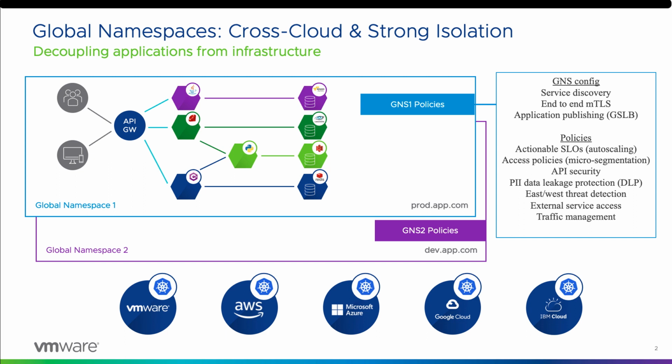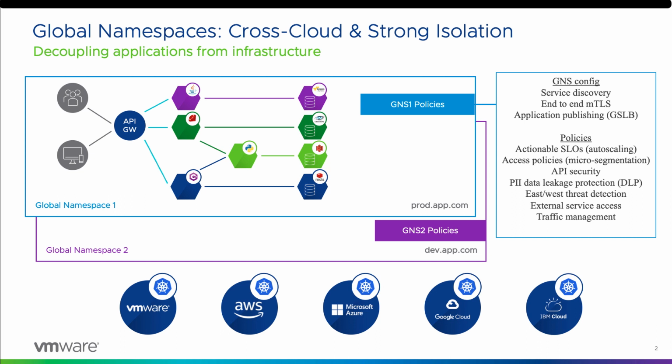Now, the global namespace also supports advanced enterprise-level policies. It supports actionable SLOs, where we can define a specific SLO threshold around latency, CPU, or memory for a service. If that SLO is being violated, the global namespace will make sure that service is auto-scaled to the point where it can reduce the latency or the CPU or memory consumption.